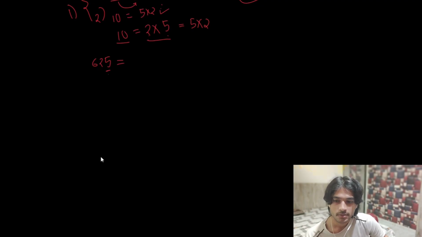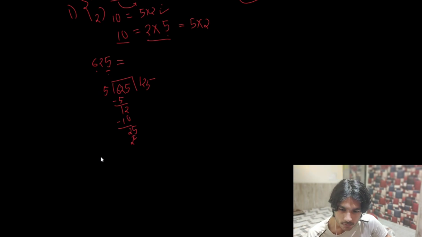So if I divide 625 by 5, I'm going to get 5 ones are 5, then 1, 2, 5, 2 fives are 10, then 2, 5, and then 5 fives are 25, and the remainder will be 0. So let me write this.